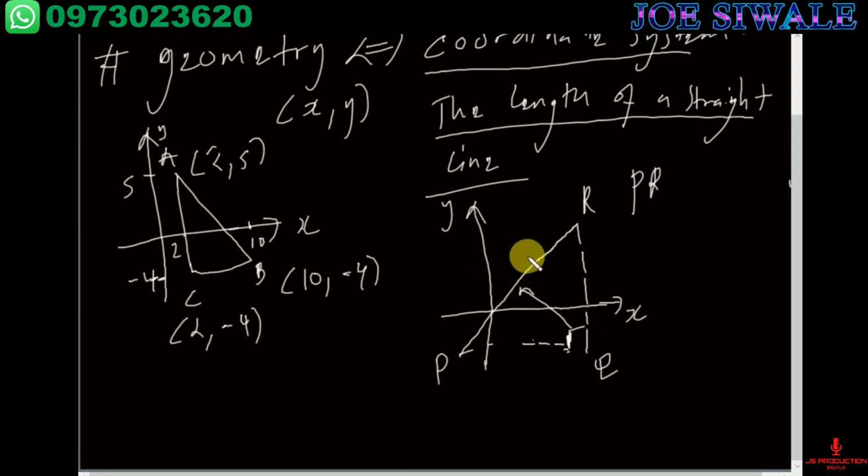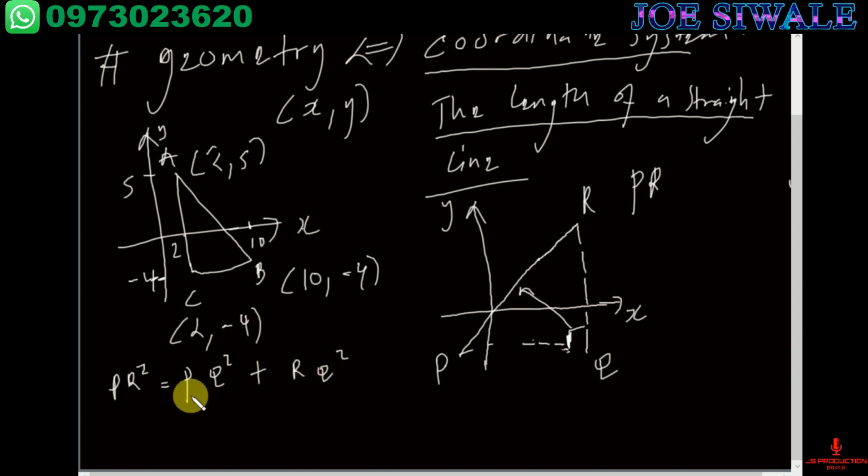So we can calculate the length of this line by adding the squares of the two sides, PQ squared and RQ squared. We use the same concept of Pythagoras' theorem: PR squared is equal to PQ squared plus RQ squared.